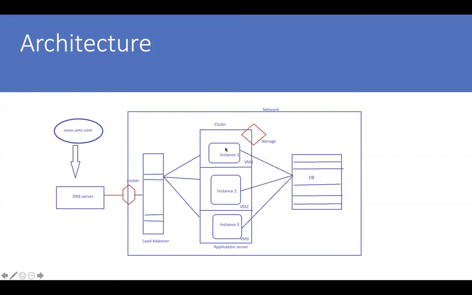EC2 instances, where you will create servers with a certain configuration that you select, and certain configuration in the sense that you need resources, right? So you need resources that you will use to operate your application and to provide a runtime environment for your application.